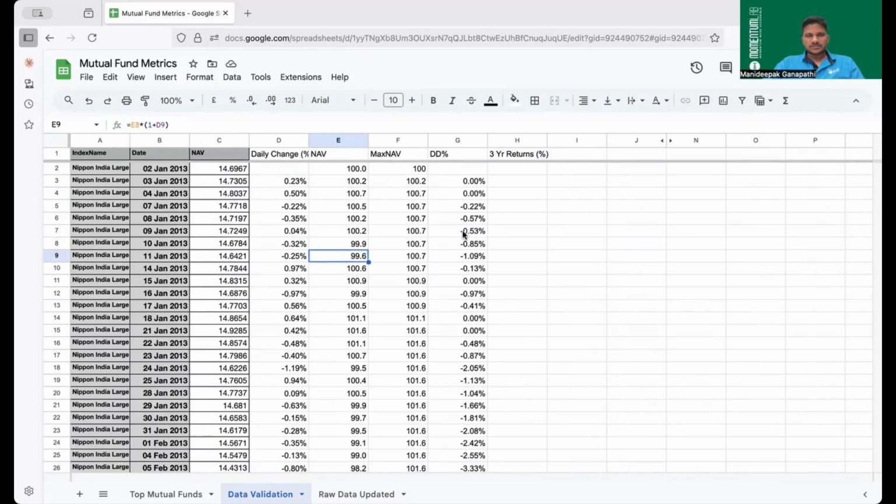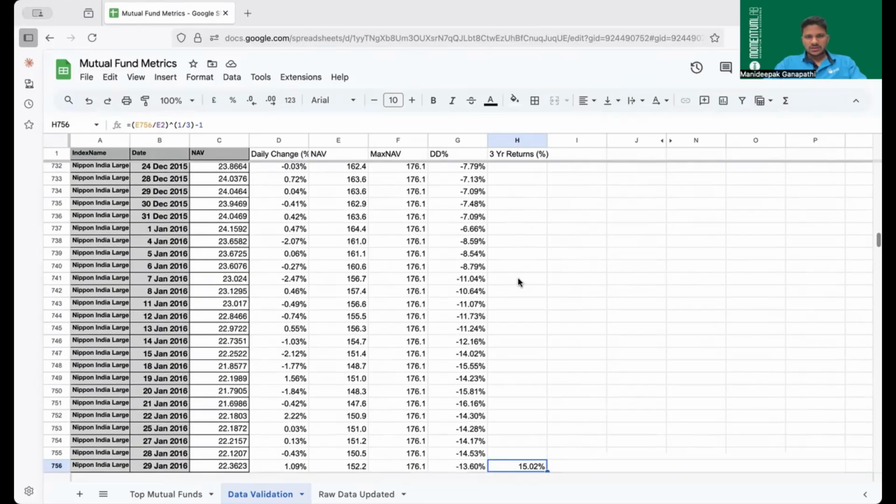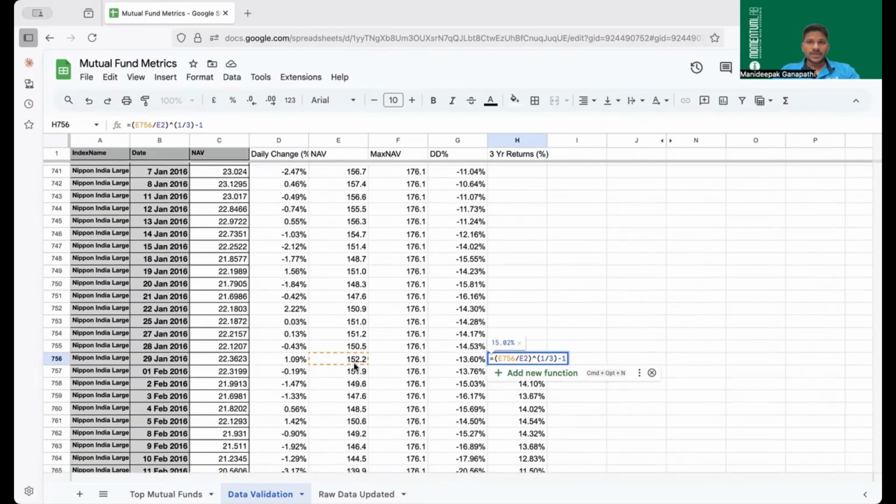Now, once you do that, you can create what you call a 3-year rolling return. One way to do that is you calculate the CAGR, a 3-year CAGR, assuming about 252 trading days in a year. I assumed 3 years would contain 756 days.